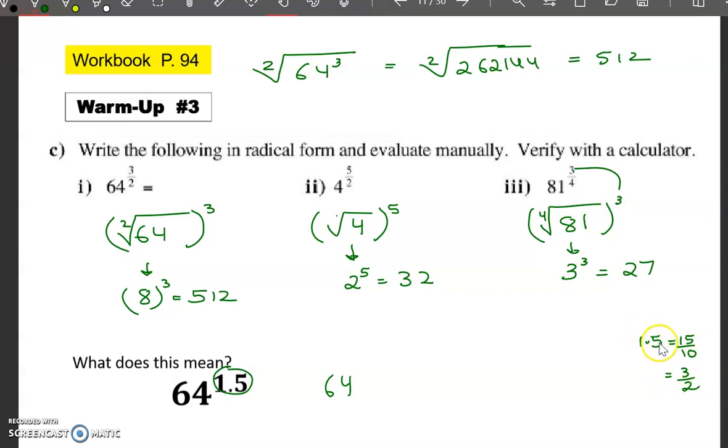Or if you know that 1.5 is 3 over 2 directly, you can use it. So this is actually the same question as part 1, but instead they just gave you the exponent as a decimal instead of a fraction. So I could again write that as a power if I need to. It would be the same thing.